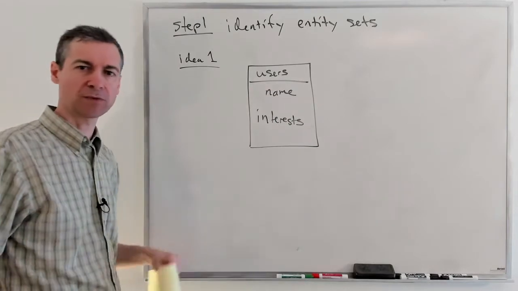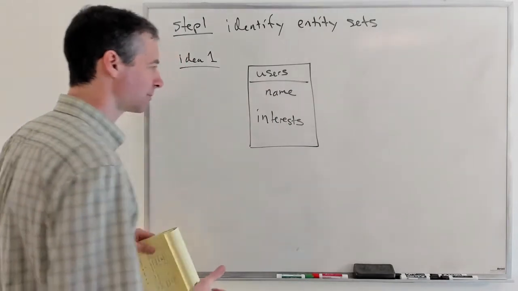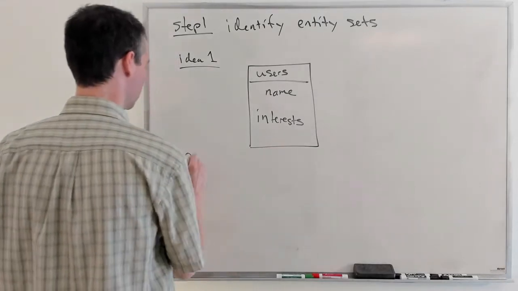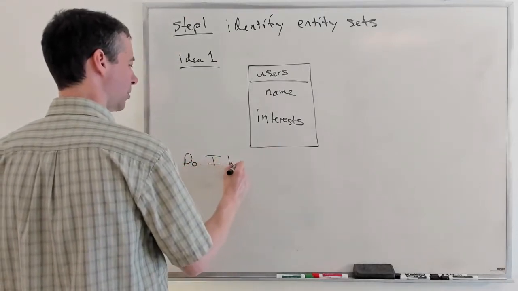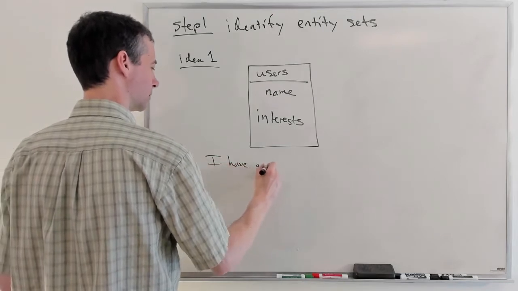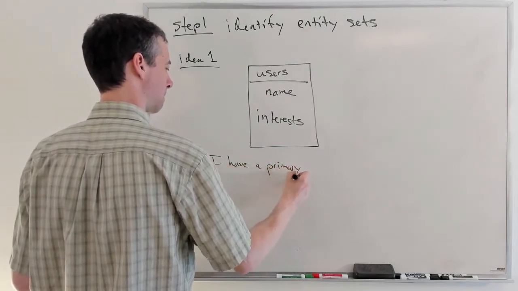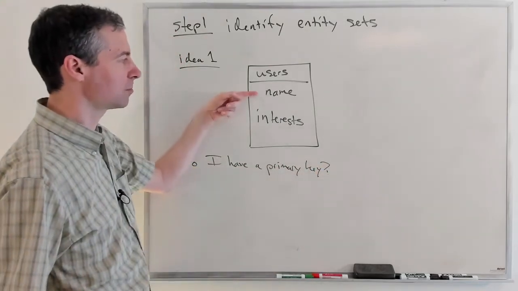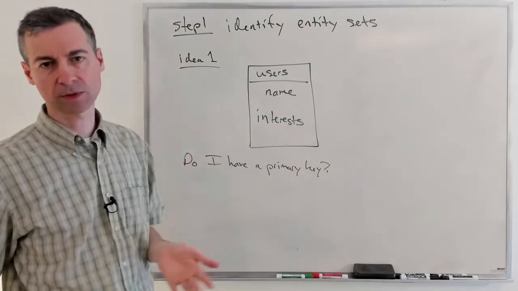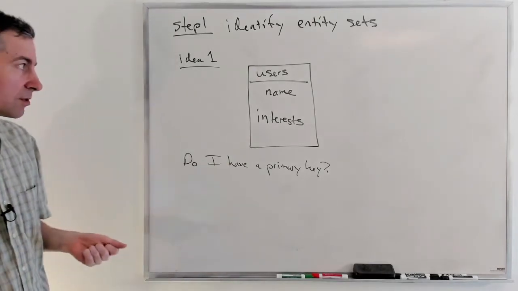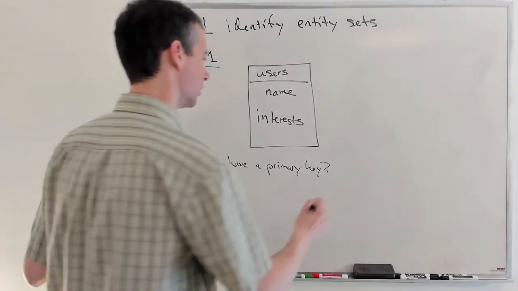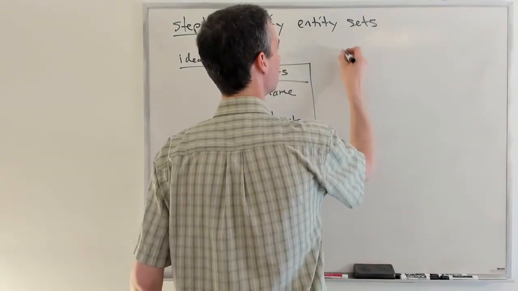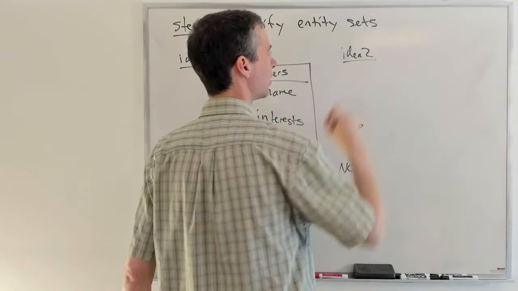I'm doing okay as far as this Head First SQL goes. And then I think, well, do I have a primary key? So do I have a primary key here? And the answer is no. Names are not unique, and it could be possible that someone could have the same interests as someone else. And so I go no, and then that leads me to idea two for my design.